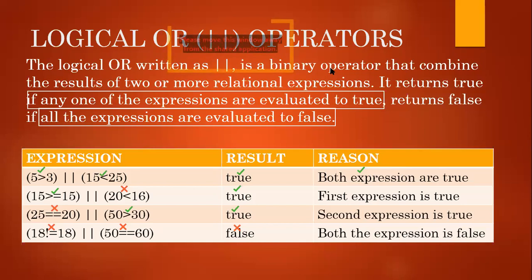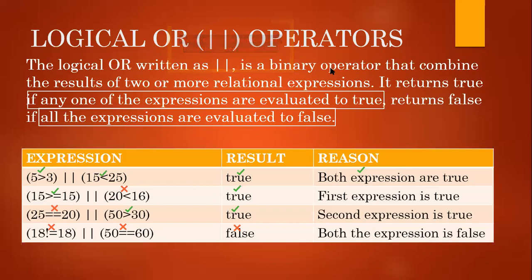Even if one expression is true, it returns true. So imagine, that's a very interesting idea. Just imagine if instead of using the AND operator, we use the OR operator to find the result. Do you know what will happen?